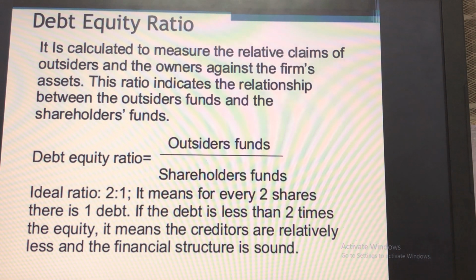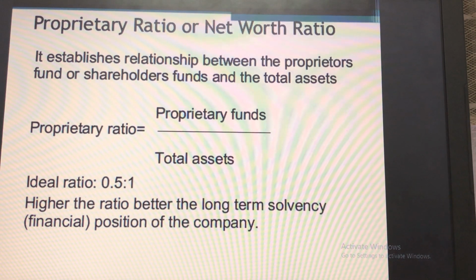In the debt equity ratio, always the ratio is 2:1. It means for every 2 shares there is 1 debt. If the debt is less than 2 times the equity, it means the creditors are relatively less and the financial structure is sound.